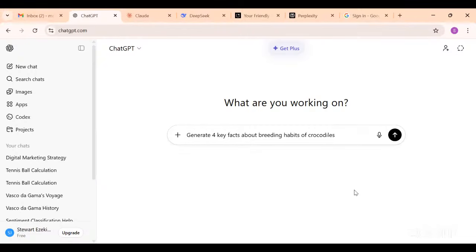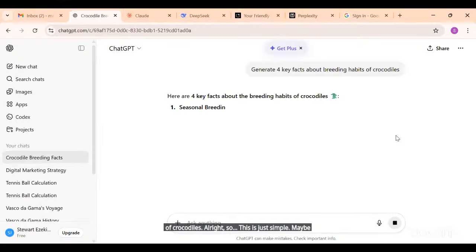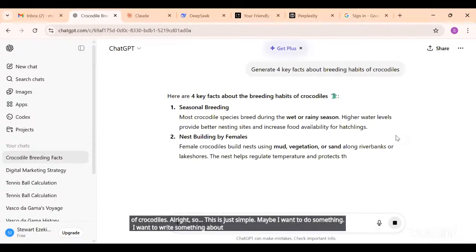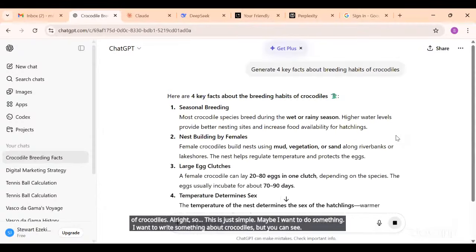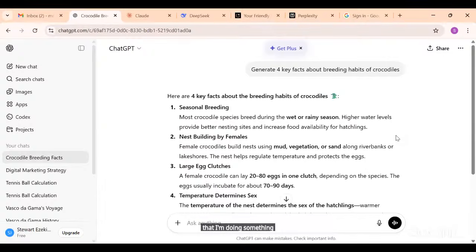All right, so this is just simple. Maybe I want to write something about crocodiles, but you can see that I'm doing something around the breeding habits. So this breeding habits gives me something.